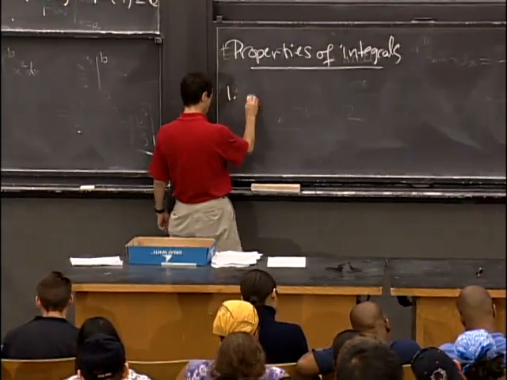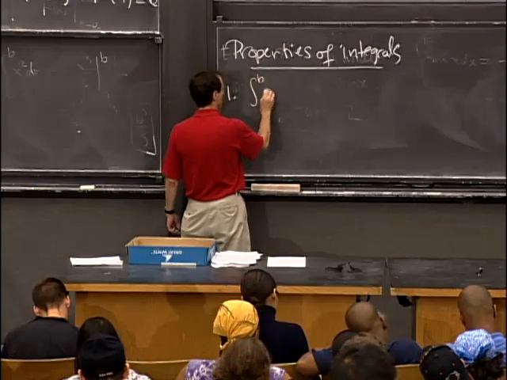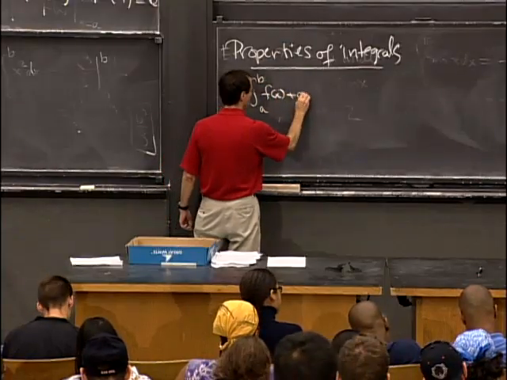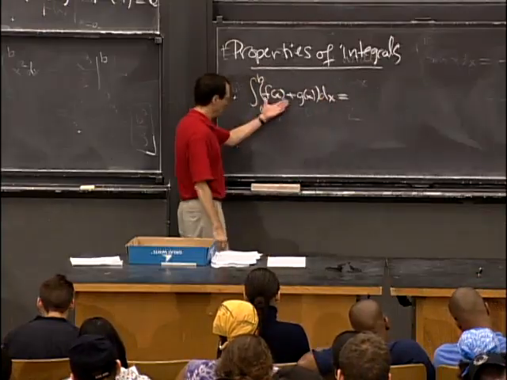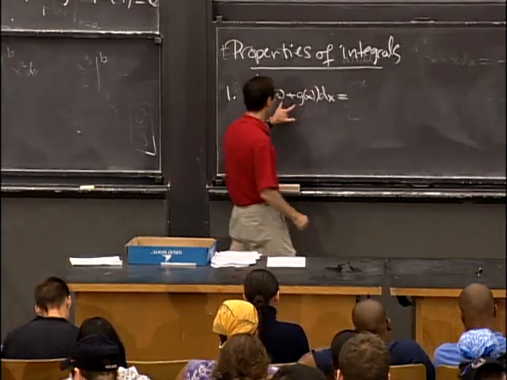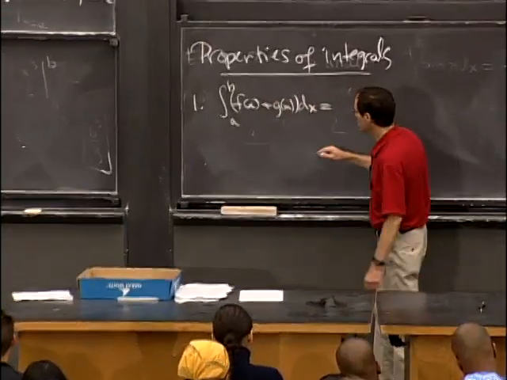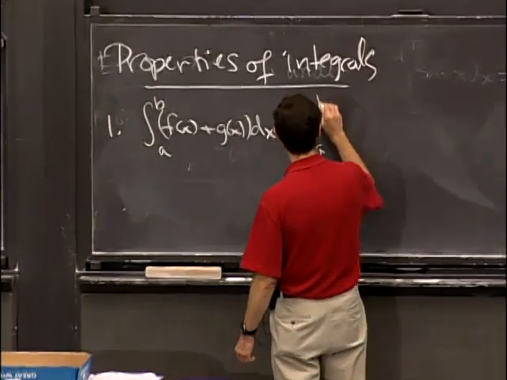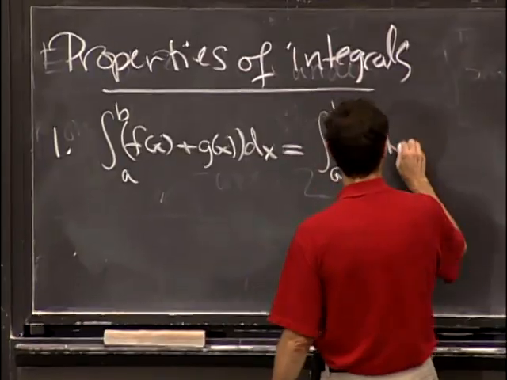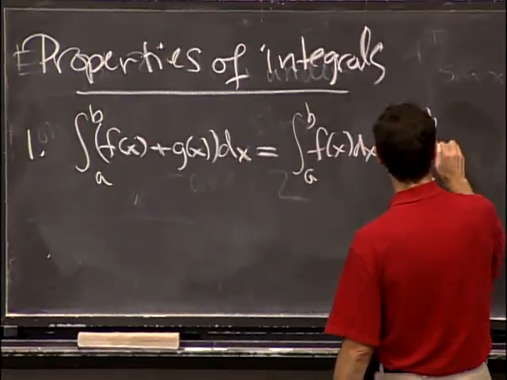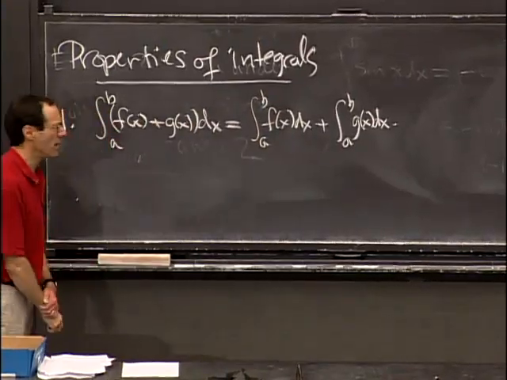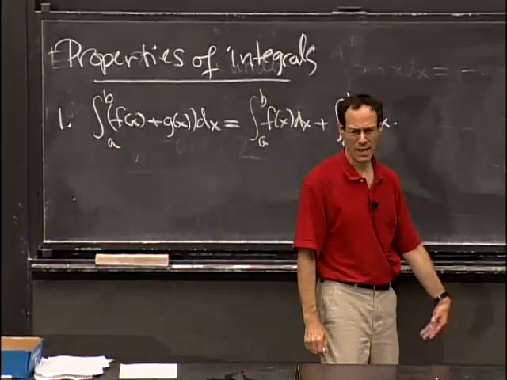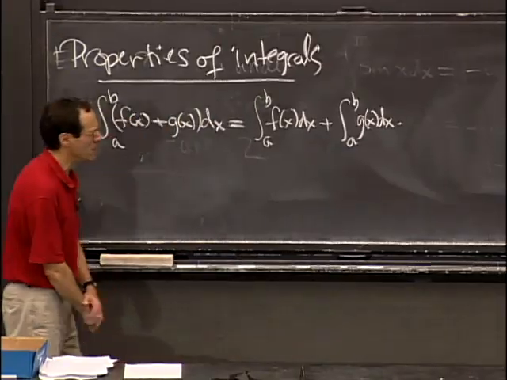The first one doesn't bear too much comment. If you take the cumulative integral of a sum, you're just going to get the sum of the separate integrals here. And I won't say much about that. That's because sums come out, because the integral is a sum.